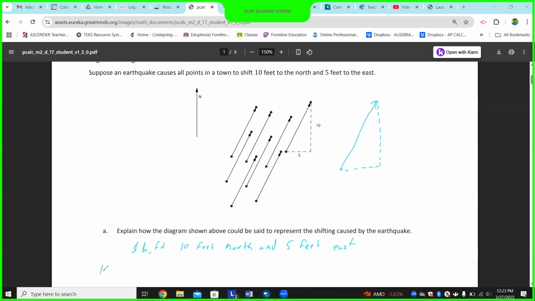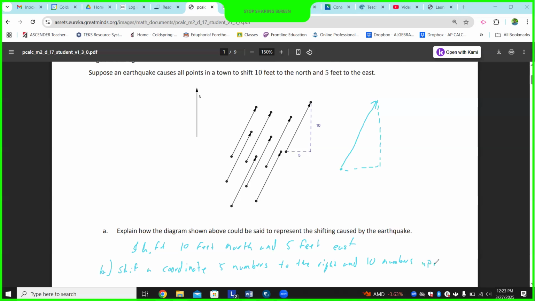So in part B, this is the answer for part B. Again, you would just shift a coordinate 5 numbers to the right or east. Well, that was in a situation. Now we're trying to describe how we would do it. And 10 numbers up.